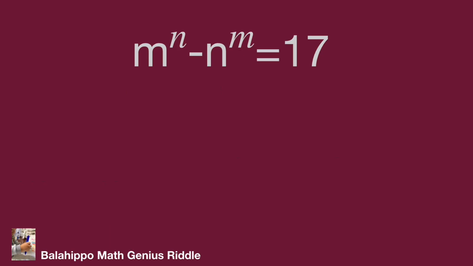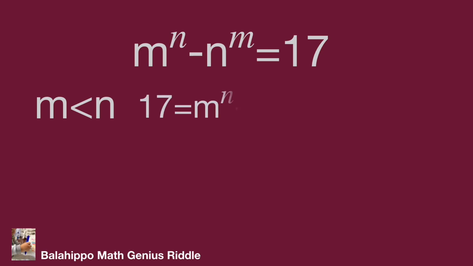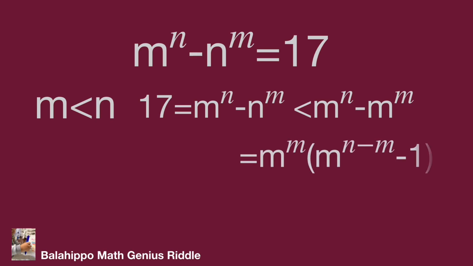Next, to compare the details. While m is less than n, m to the power n minus n to the power m is less than m to the power n. Isolating the factor, m to the power n minus n to the power m is less than m to the power m times the bracket m to the power n minus m minus 1.